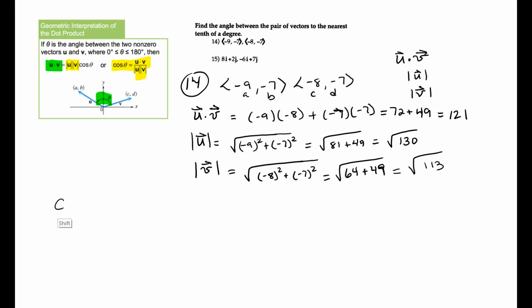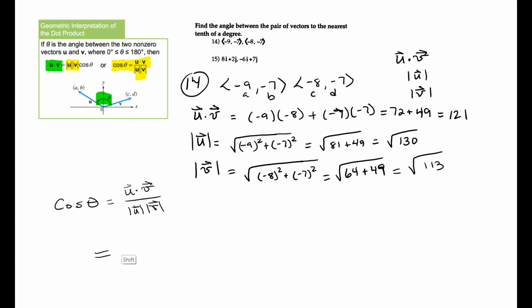So now we are going to write out the formula for the cosine of theta. It is u dotted with v divided by the magnitude of u times the magnitude of v. And we're going to basically plug in our numbers.